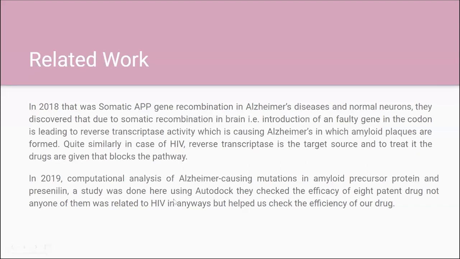And in 2019, there was a computational analysis of Alzheimer's causing mutations in amyloid precursor protein and presenilin, where they used AutoDock to check the efficacy of 8 patented drugs. None of them were HIV drugs, but they were checking their binding affinity towards the Alzheimer's site of action.